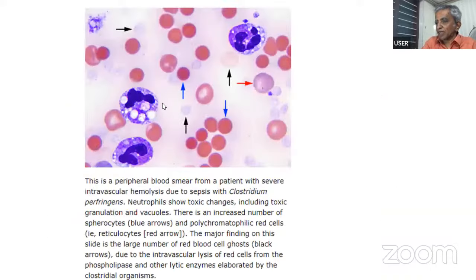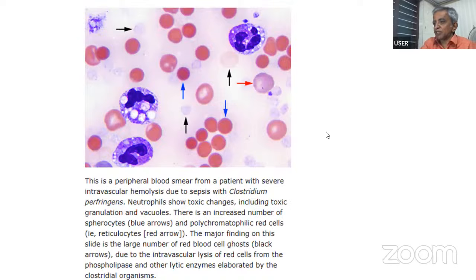Now, one classical appearance of a case of Clostridium sepsis infection will be the presence of ghost cell, GHOST. We have seen hemi ghost in G6PD deficiency. Here it is just a ghost cell only. What is the cause of hemolysis with Clostridium?